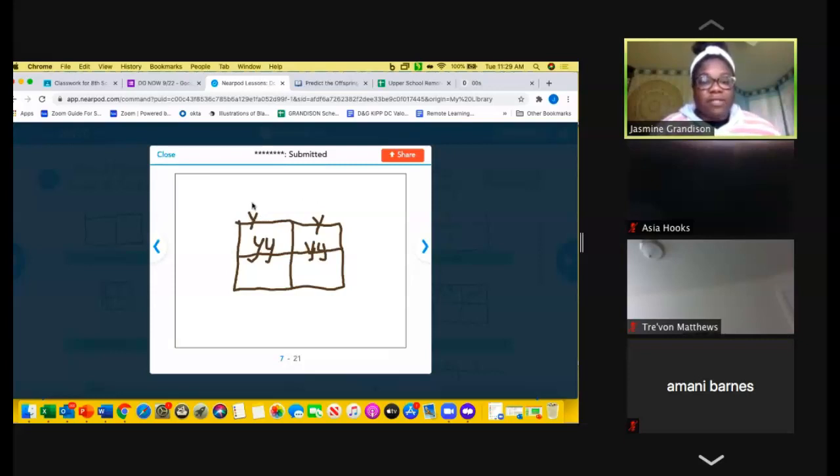So we should have spaced out the alleles for the square that we drew. With our squares, make sure you show that it's an uppercase Y, and then you have one of those lowercase Y's.